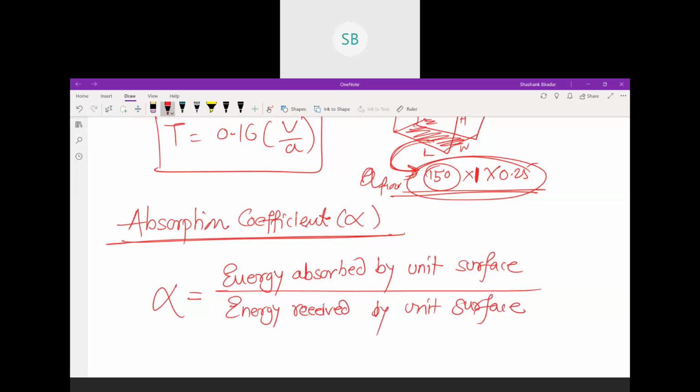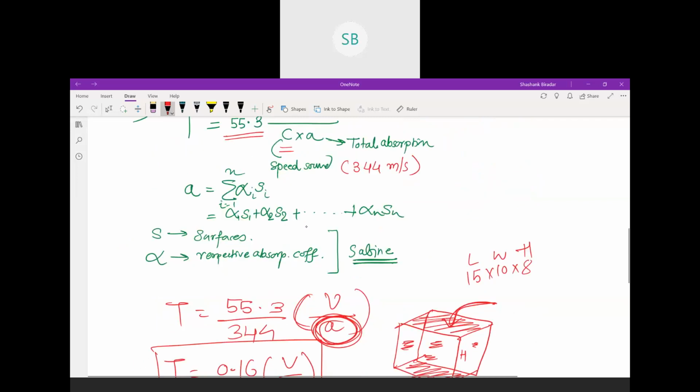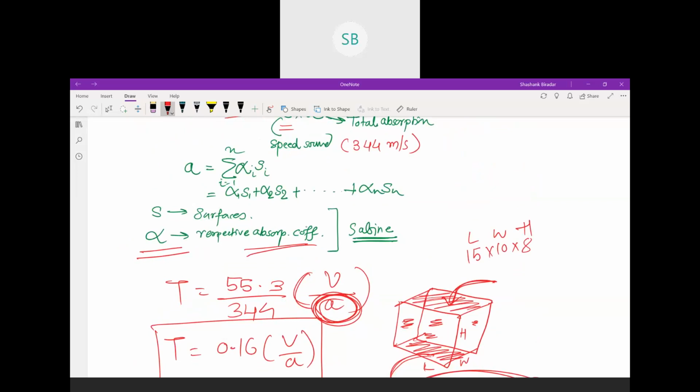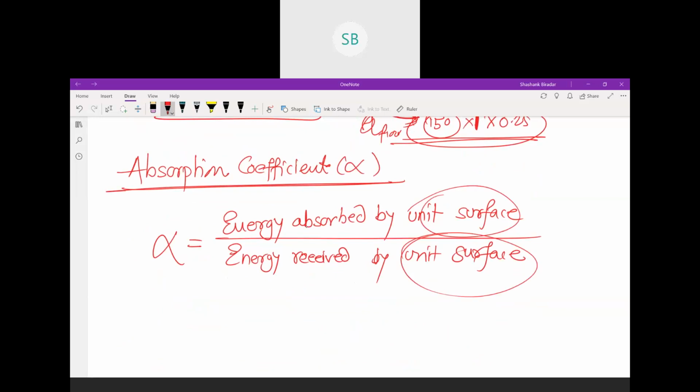So alpha we were looking at here. Absorption coefficient, what do you mean by that is energy absorbed by unit surface divided by energy received by unit surface. How much energy it is receiving and how much it is absorbing. So here we are having energy in the numerator and denominator, so we do not have any kind of unit for this absorption coefficient. It is a coefficient.